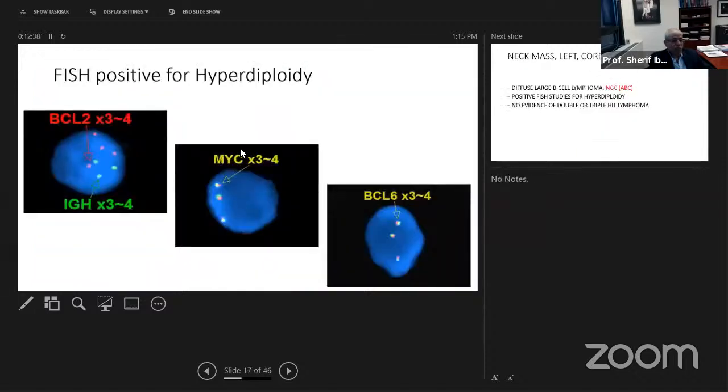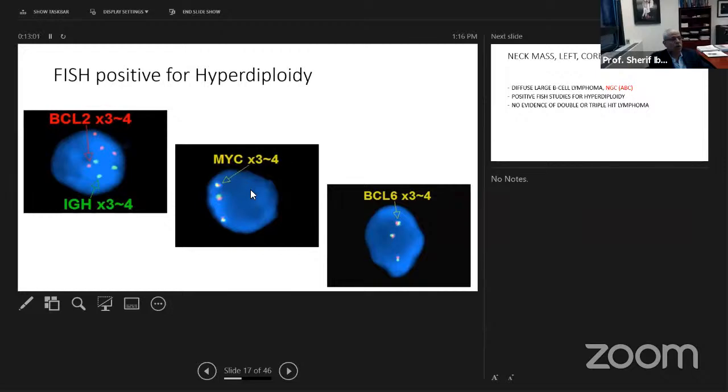The next question, do we know the mechanism? What kind of translocation or molecular changes are there? You do these 3 markers all the time. One's BCL2 and IgH. It looks like we have several BCL2 and several IgH that tells us there's probably hyperdiploidy. The same with MYC.